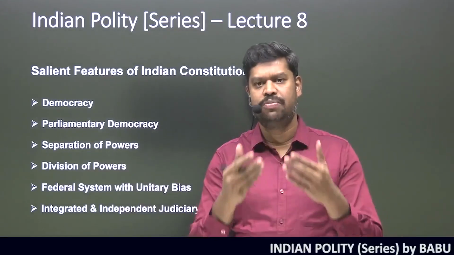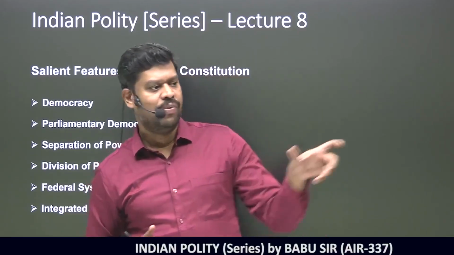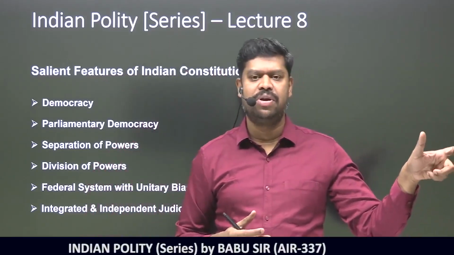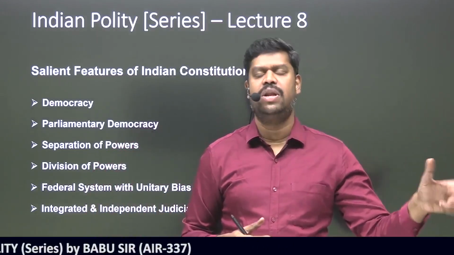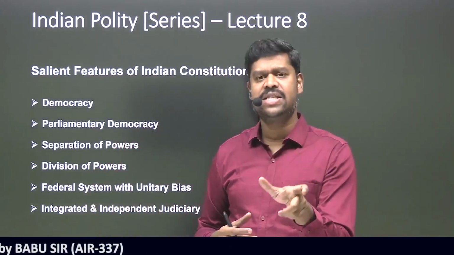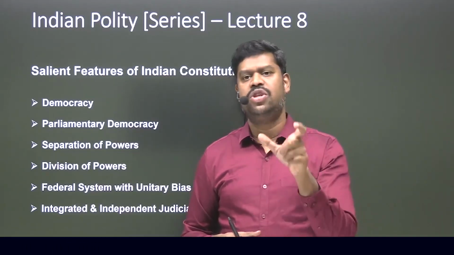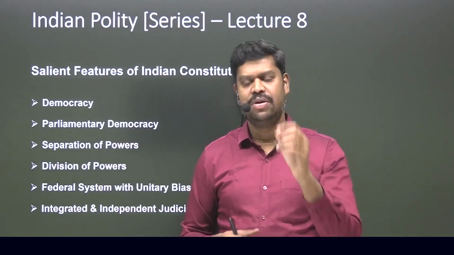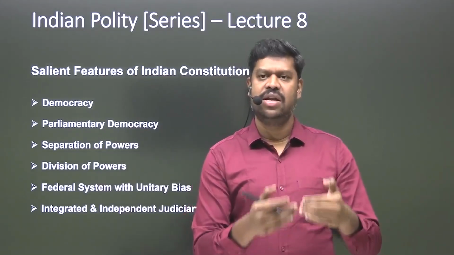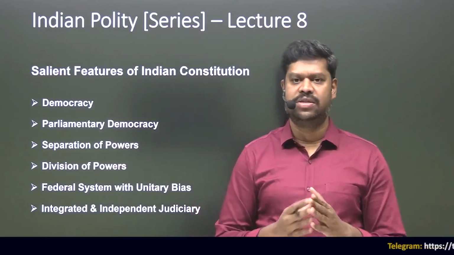So before I proceed, you should also have an understanding of what these bodies actually are. When I say legislature, for example, it is the parliament and the state legislature. They are all considered to be legislative bodies. Executive means the political executives. The Union Council of Ministers, that is the Prime Minister and the Council of Ministers at the union level, and the Chief Minister and his Council of Ministers at the state level, are all considered to be executives.